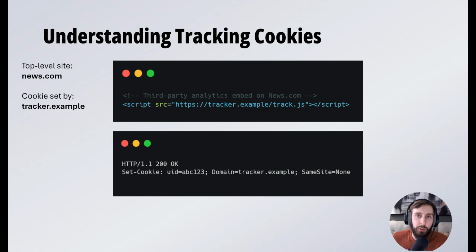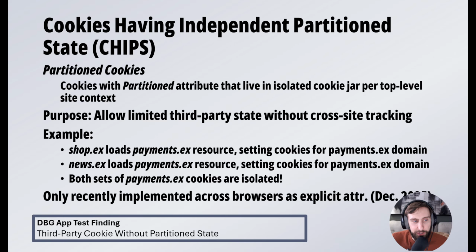It belongs to the news.com partition. So you go to a different site and you have that same tracker, but you're on a different top-level site. You're on fakenews.com because you want to get something a little bit more interesting, and that cookie is not going to be sent, because it looks for the relevant top-level partition, and it doesn't exist. So that's roughly how that mechanism works.